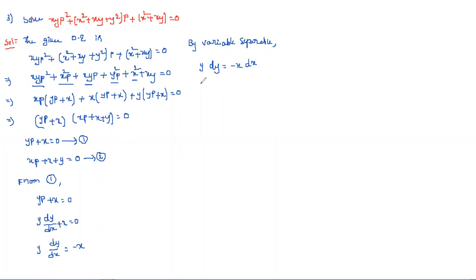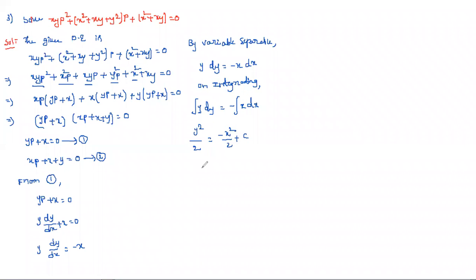Now apply integration for this. Integral y dy is equal to minus integral x dx. Using integral x power n is x power n plus 1 by n plus 1, we get y square by 2 is equal to minus x square by 2 plus constant c.